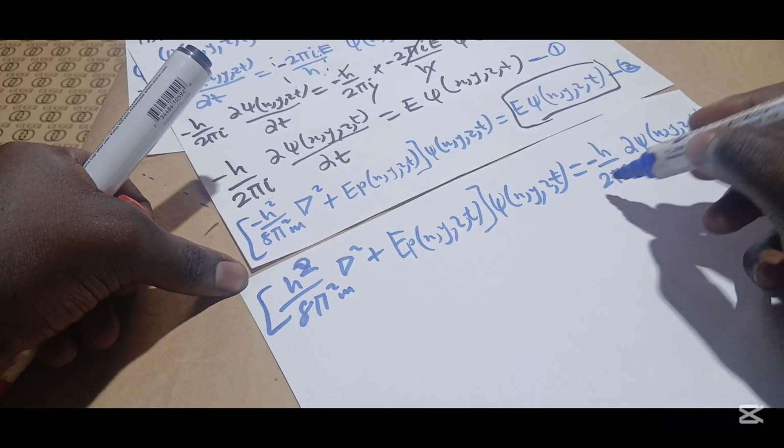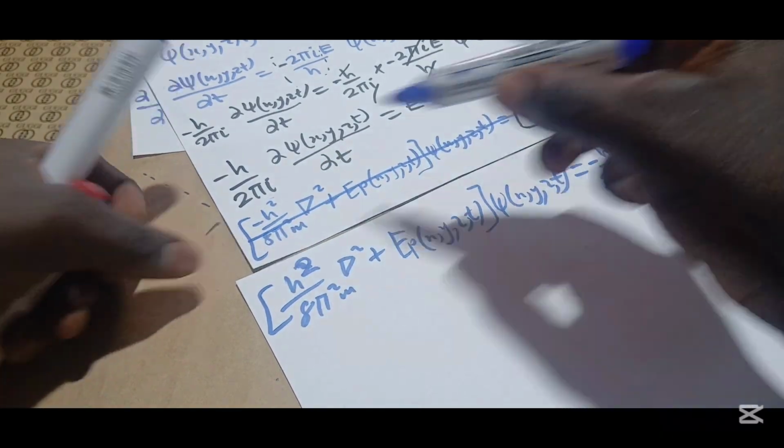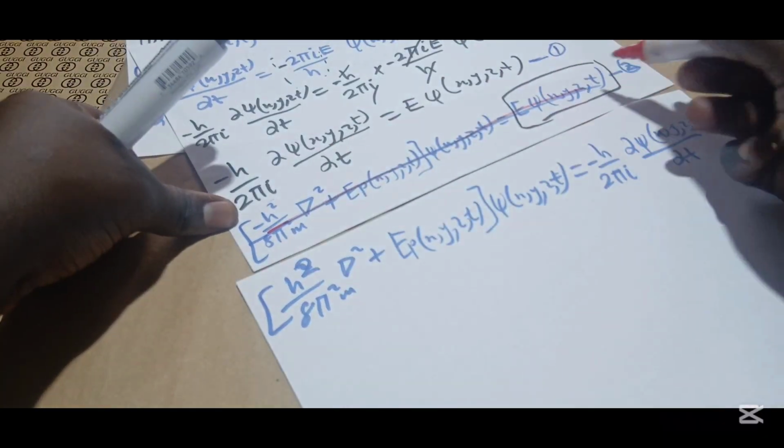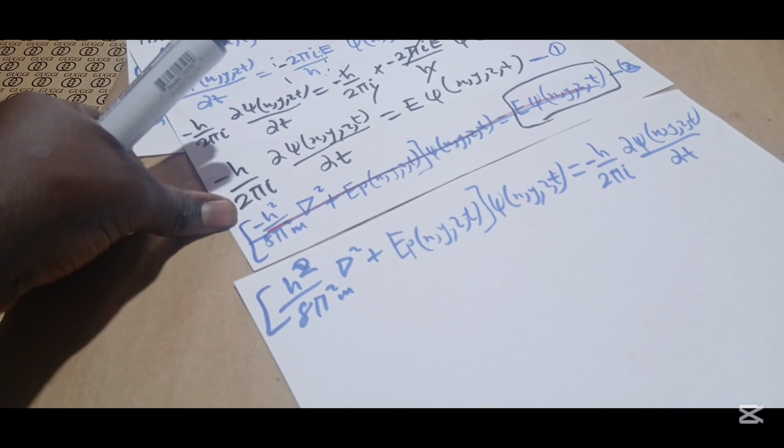So this is the right expression for the time-dependent Schrödinger equation. Actually, I interchanged the right-hand side of the equation with another term.